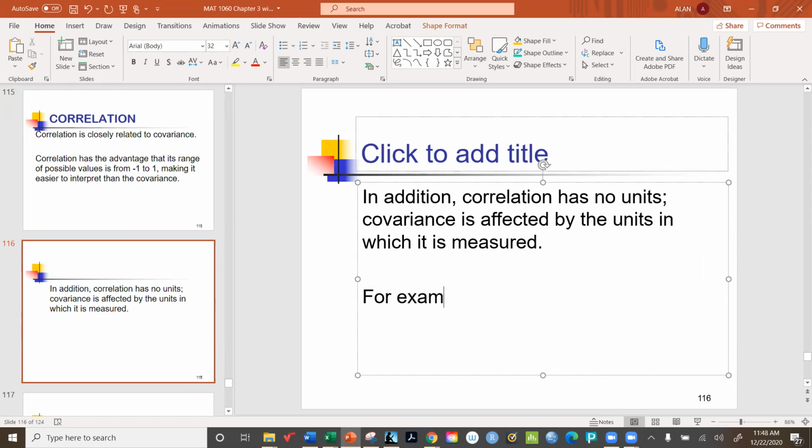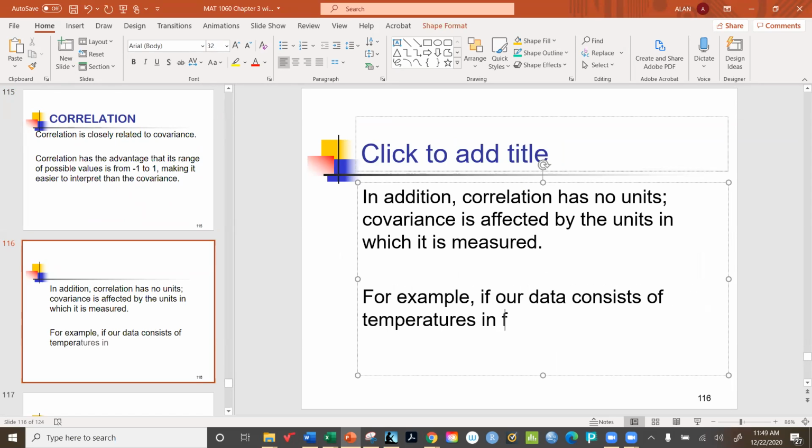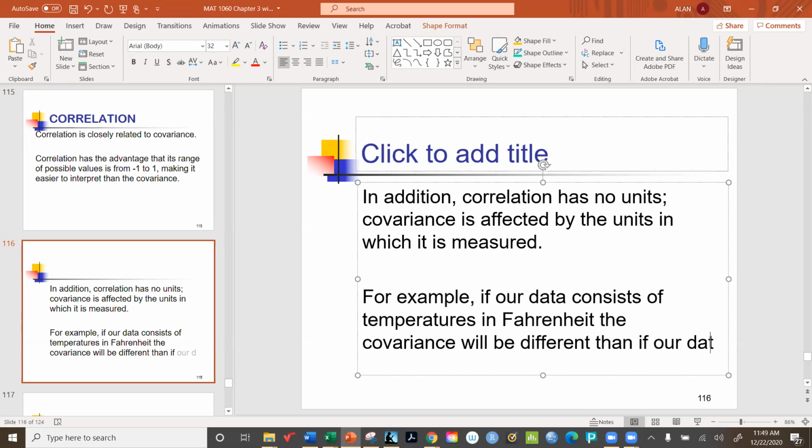For example, if our data consists of temperatures in Fahrenheit, the covariance will be different than if our data is measured in Celsius.